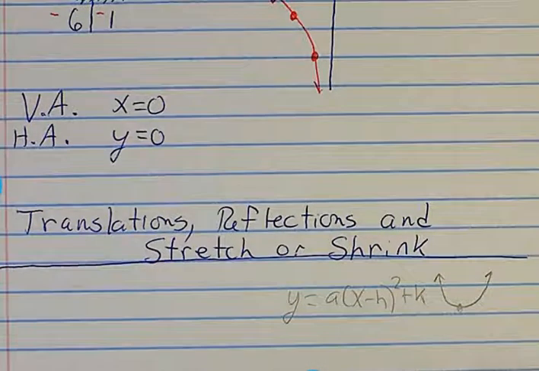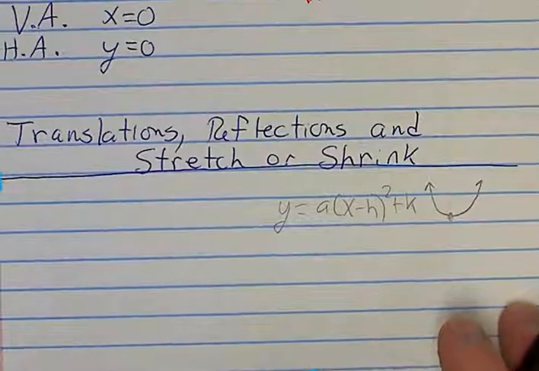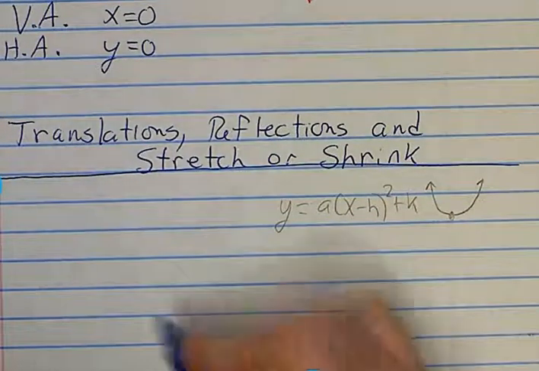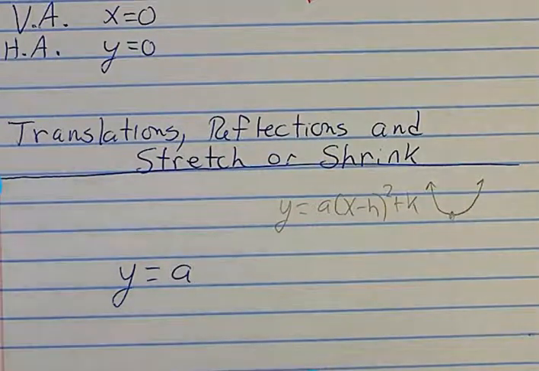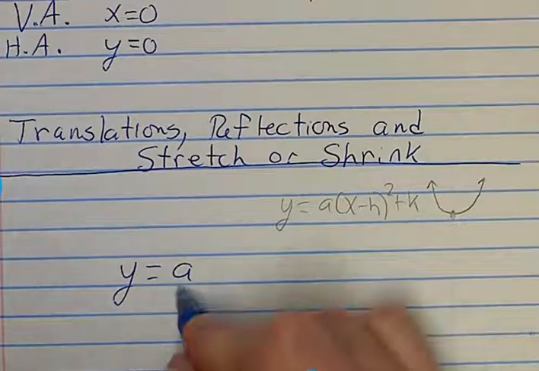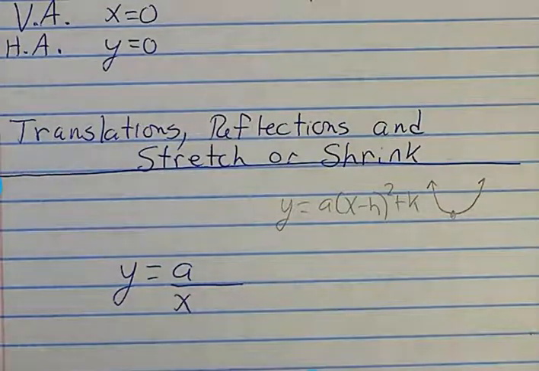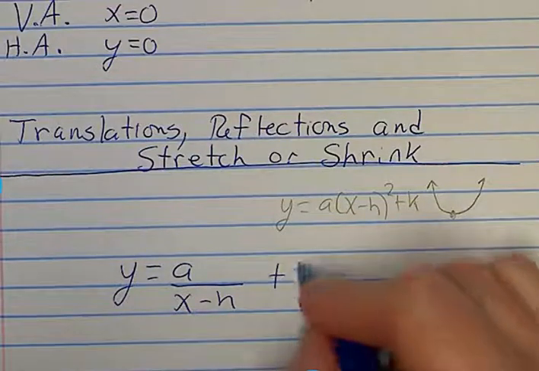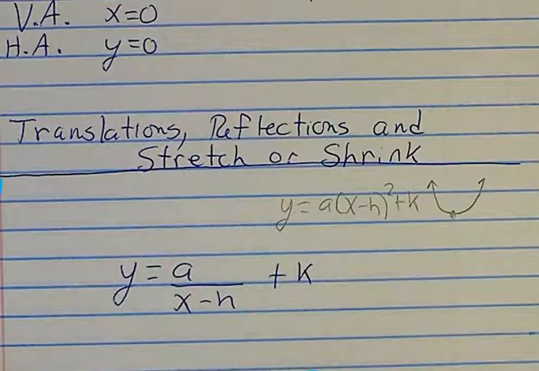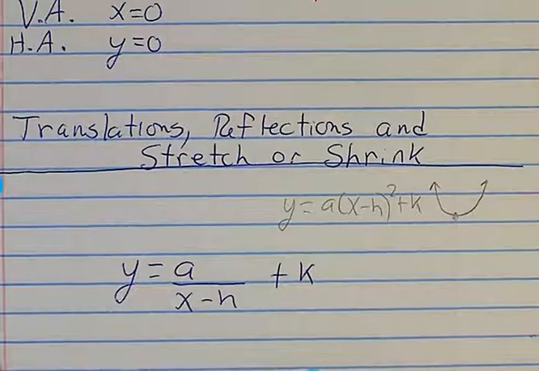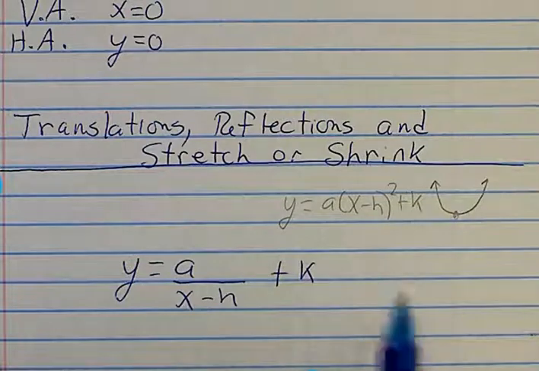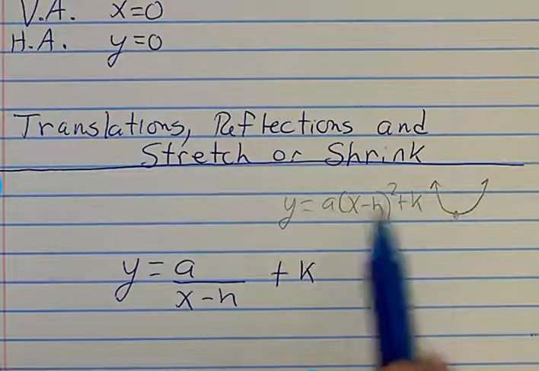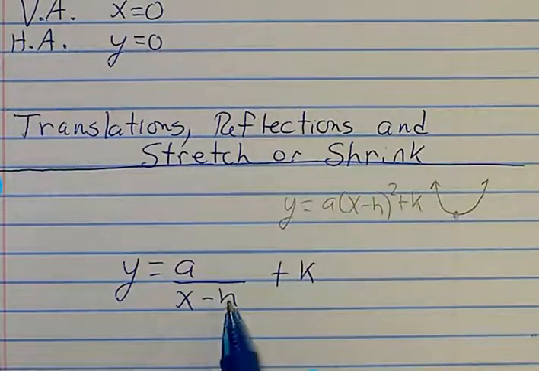Well, this one's almost exactly the same way, but the thing they're going to do different is it's still y equals a, but instead of being the x on top, they put the x on the bottom along with the h, and this k is going to go outside. So they're taking the exact same thing we did with quadratics when we had the curve back here. Well, now we're going to do it with the inverse. So instead of the x minus h being squared, now it's just in the denominator.